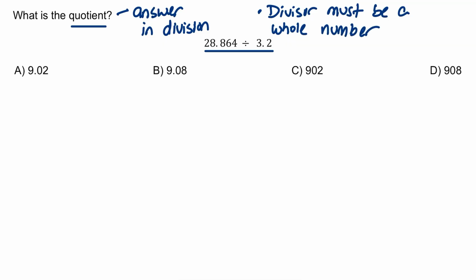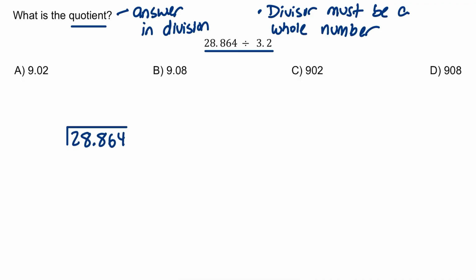So the first thing I'm going to do is rewrite this using long division notation, and I'm actually going to write it over here, and then I'll zoom in. So we have, this is our dividend, the first number, which means it goes inside the long division notation. So I'm going to write 28.864 there.